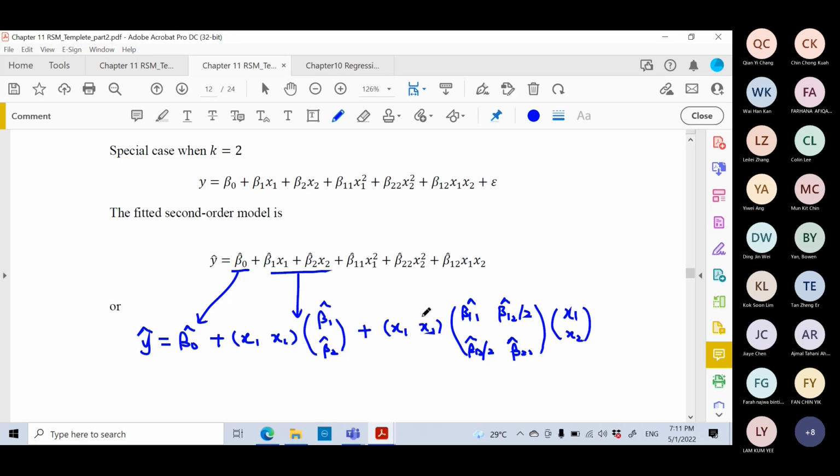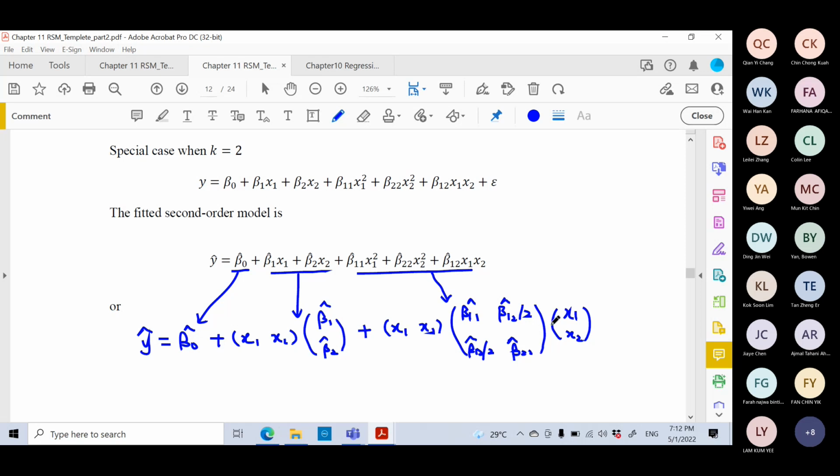If you multiply this with the following matrix and then multiply again, you will get back the same thing. Where your x1, x2, you multiply with this part and then multiply again, you will get this term. This one is over 2, I just put it here. If you multiply one by one, you will end up with this. So this equation we can write as the following.